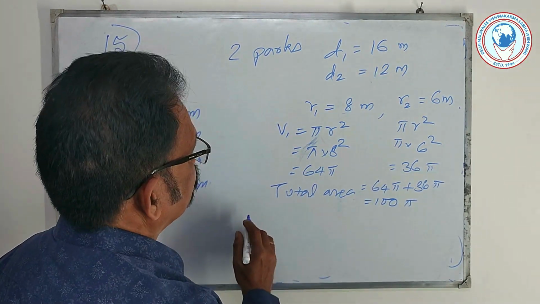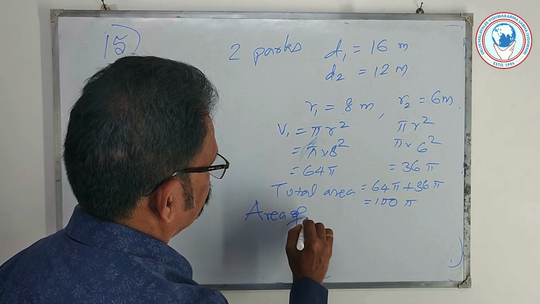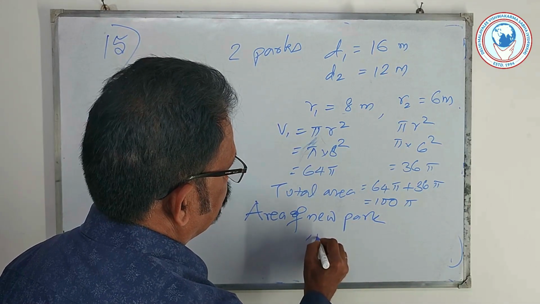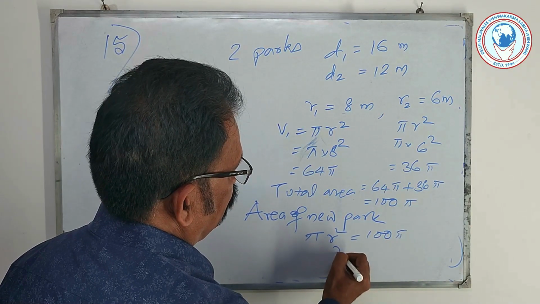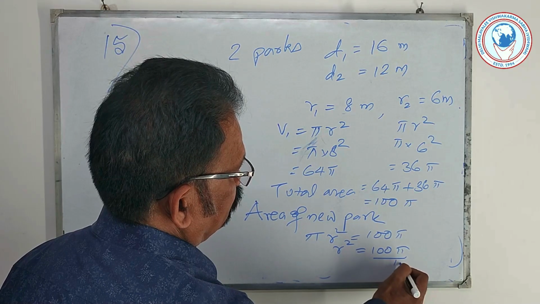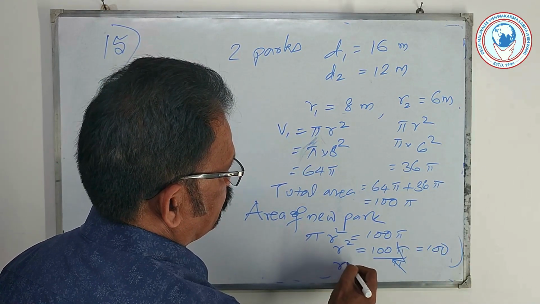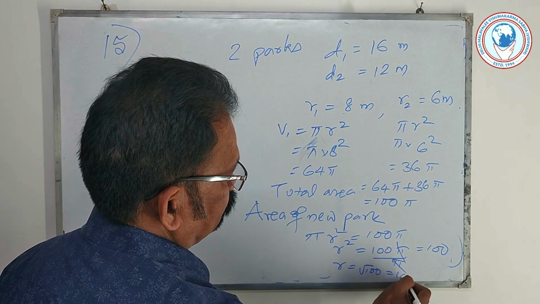So this is the area of the new park. That is pi r square is equal to 100 pi. So r square is equal to 100 pi divided by pi, 100. So radius is equal to root 100, that is equal to 10.